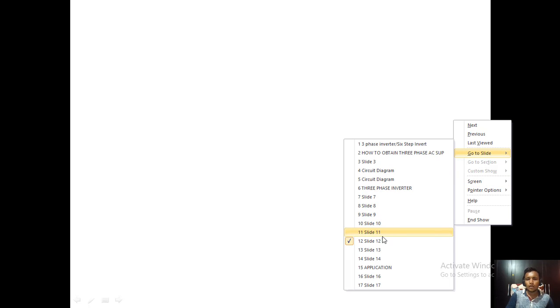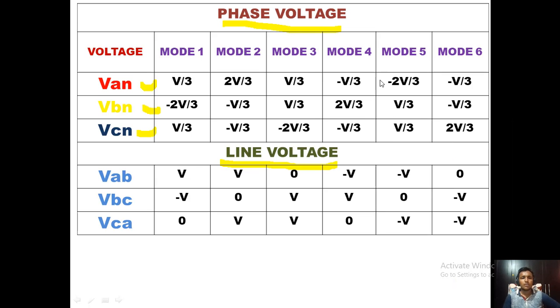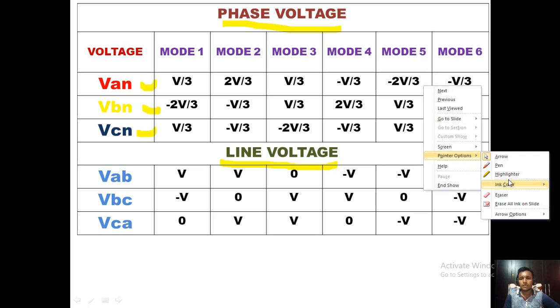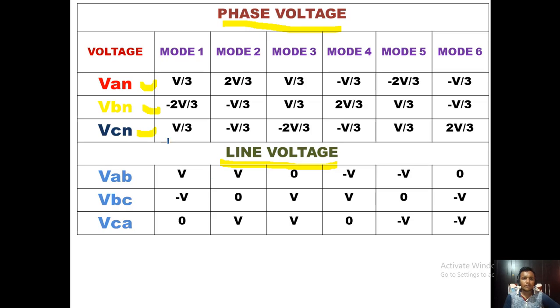Now in this figure we have drawn a table. In this table you can see we have used line voltage and phase voltage. So line voltage means what? VAB is equal to VAN minus VBN. So if we have minus V by 3, then minus minus plus 2V by 3, then the answer is V. Similarly VBC is equal to VBN minus VCN.